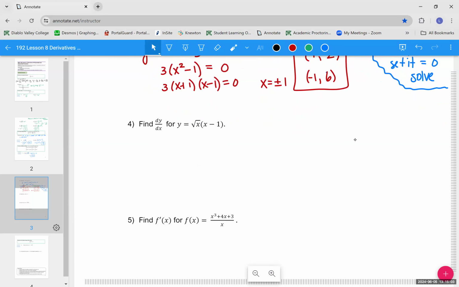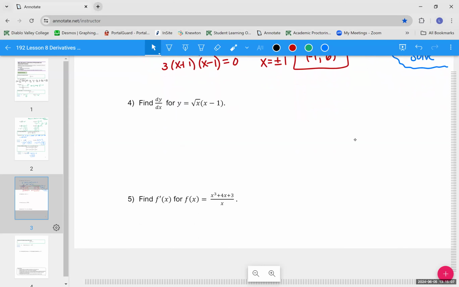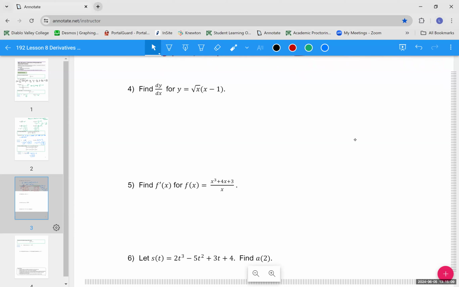Okay, and then for 4 and 5, if we look at these two problems, we see that in the first one, I have a product of two functions, and in the second one, I have a quotient.